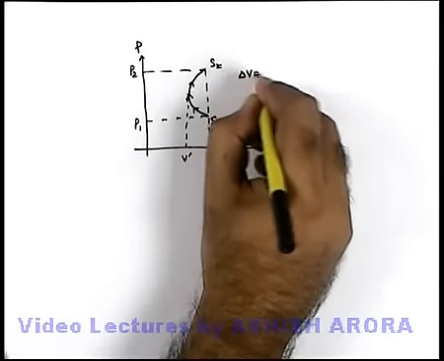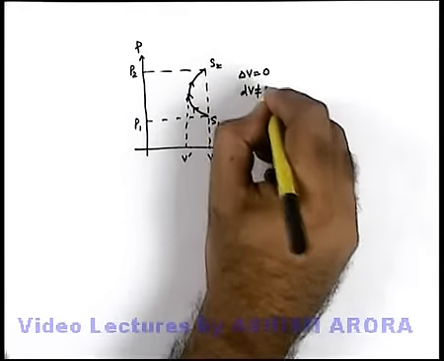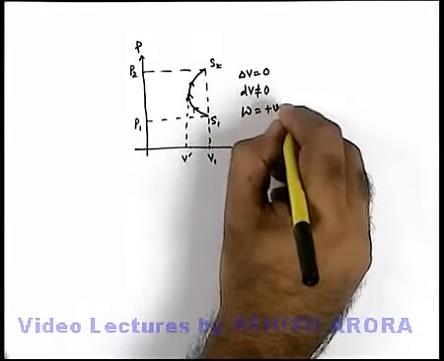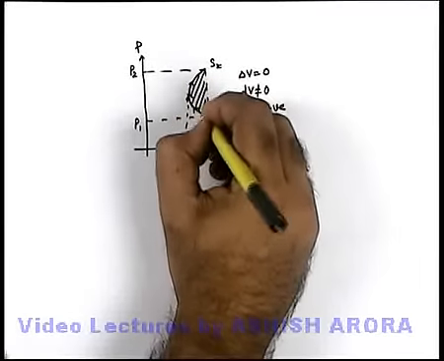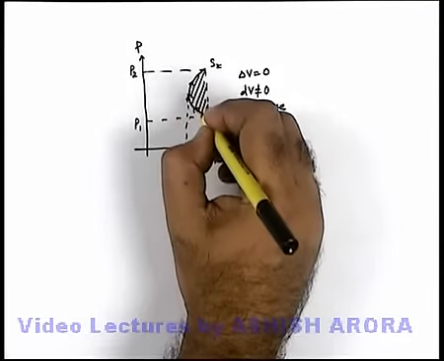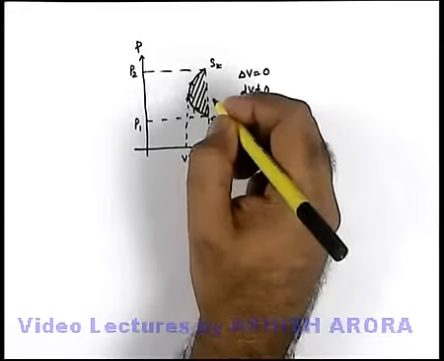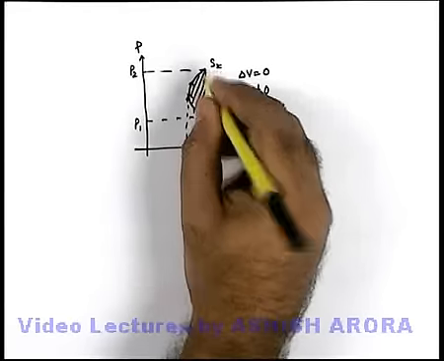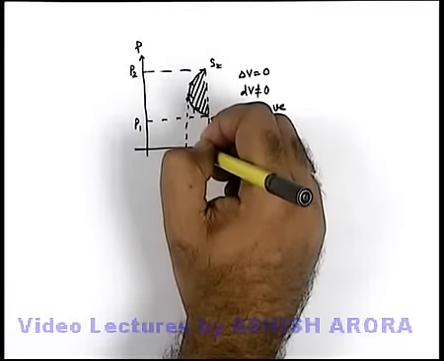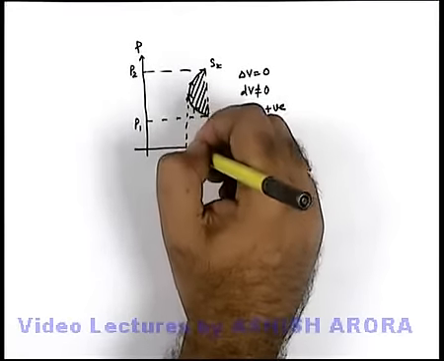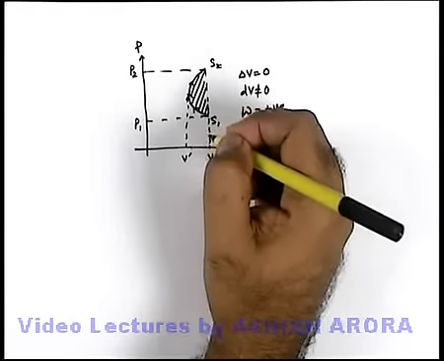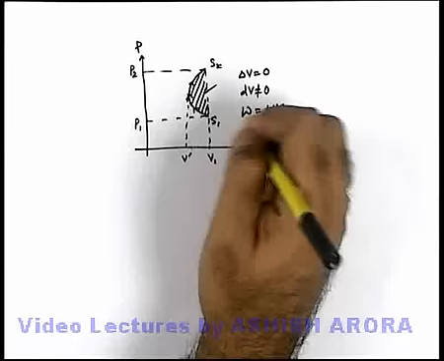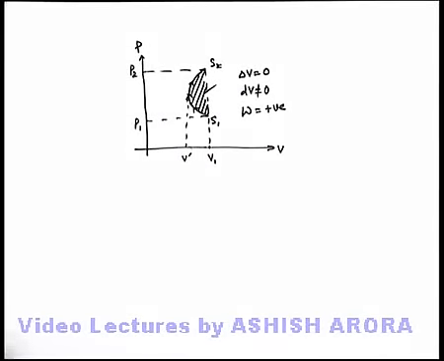Here again delta V is 0, dV is non-zero because it is changing in between, and your work done will be positive and equal to the area enclosed by the curve, and not exactly the area between the curve and the volume axis, because from this point to this point the total area is work done by gas, and from this point to this point the total area is work done on gas. So we'll subtract the two and this area will give us the total work done by gas, so it is positive.